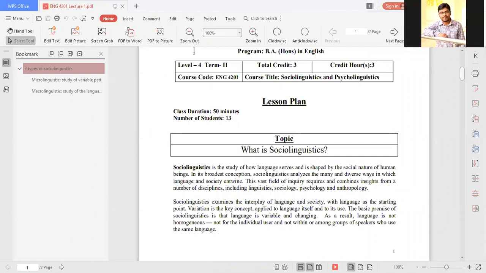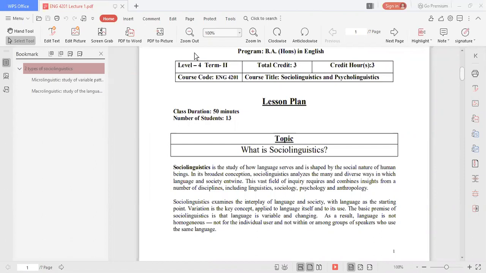Here you can see variation is the key concept applied to language itself and to its use. The basic premise of social linguistics is that language is variable and changing.